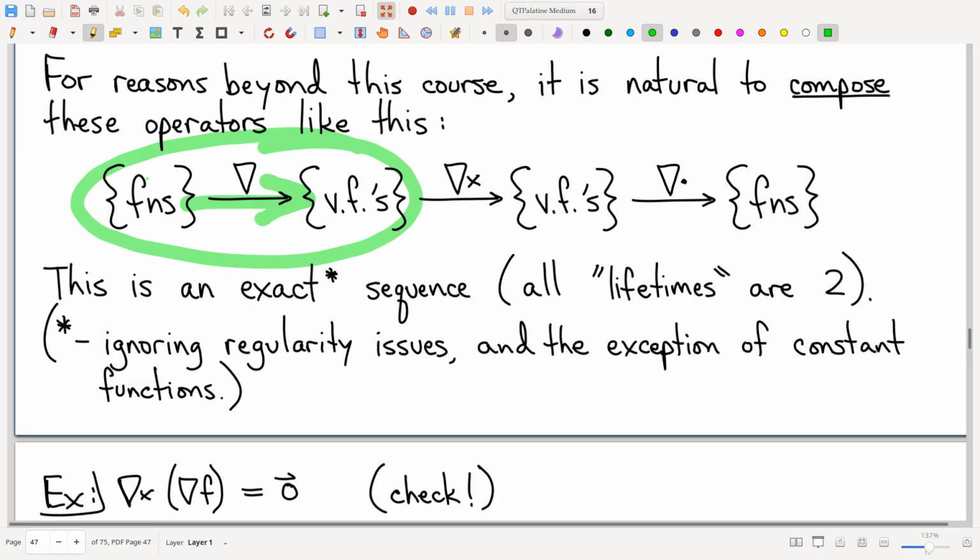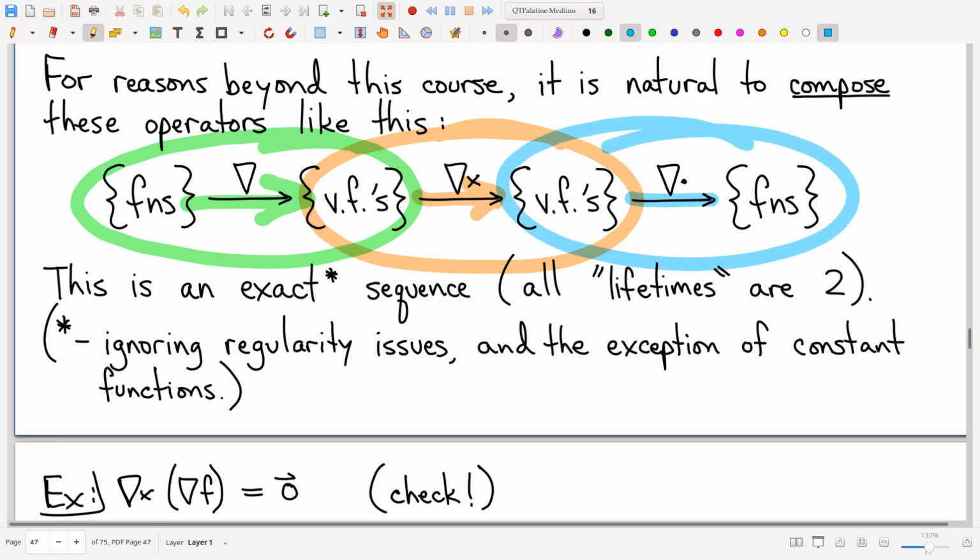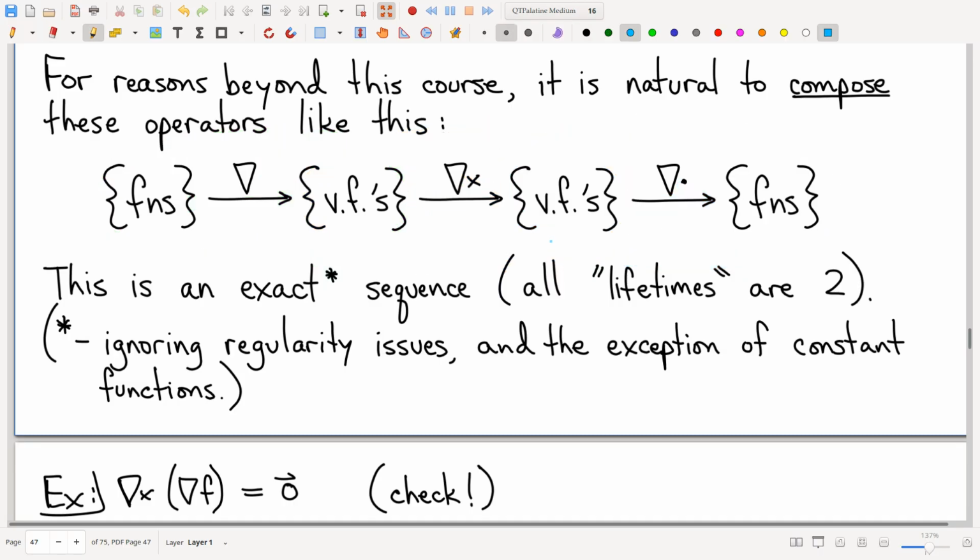To compose that with the curl operator, which we just talked about, will take a vector field and produce another vector field. And to compose that with the divergence operator, which will take a vector field and produce a scalar valued function. So composing these operators in this order, it just turns out to have all sorts of benefits.